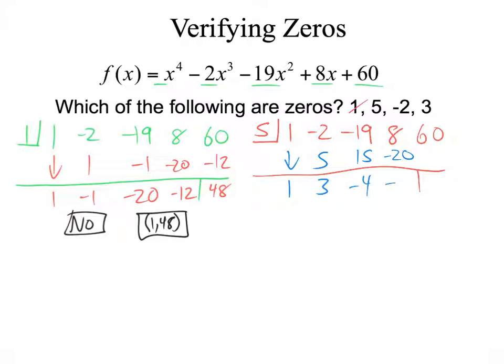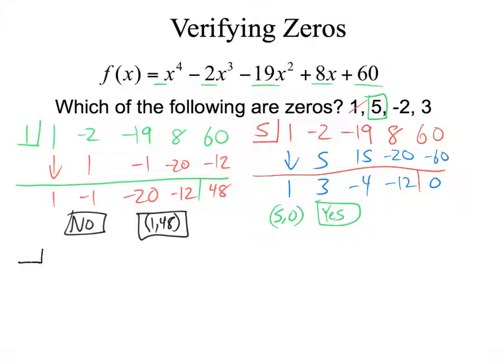Add down, you get -12. And 5 times -12 is -60, which gives us a remainder of 0. So we have a zero, because our coordinate is (5, 0). Is that a zero? Yes, it is. So we got that one. That one is a zero because when I plug it in and get 0 out, it's the coordinate (5, 0). It is an x-intercept. Very redundant.